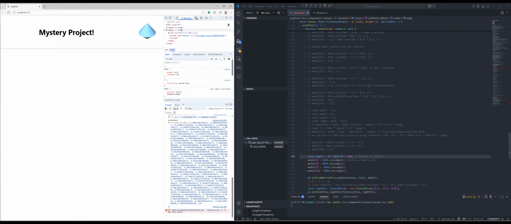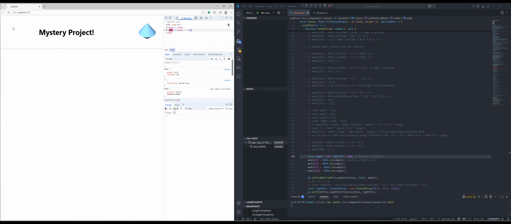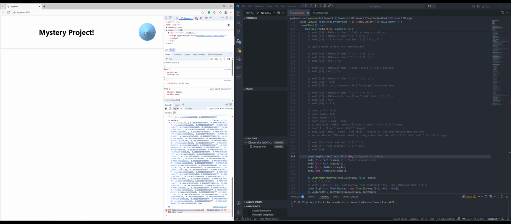Interesting. Let's do 45, no, 90. 90 degrees rotation. What will we see? Interesting. We'll see the head. It looks like a Vietnamese hat right now. Let's move a little bit, like 80 degrees.